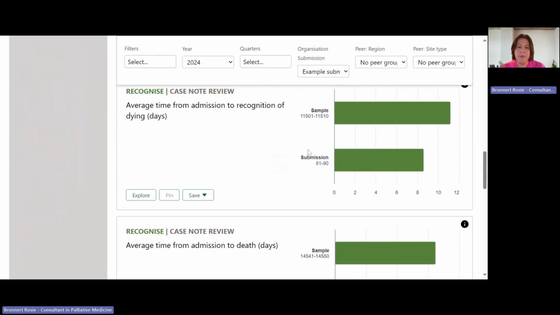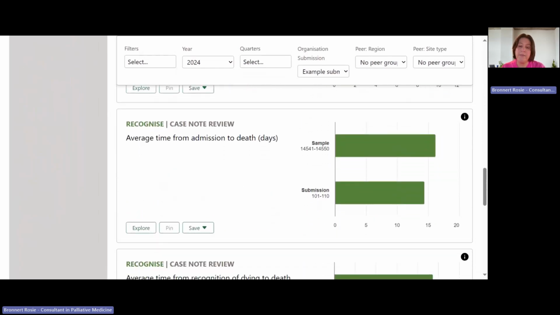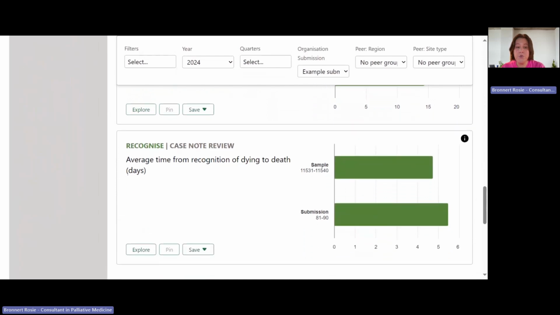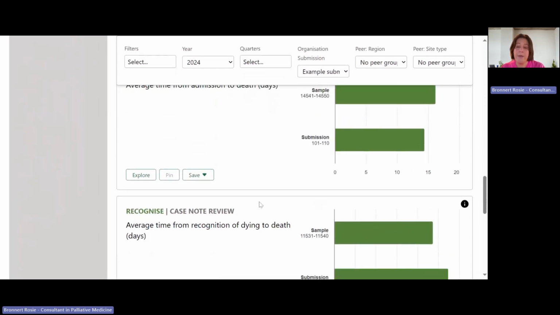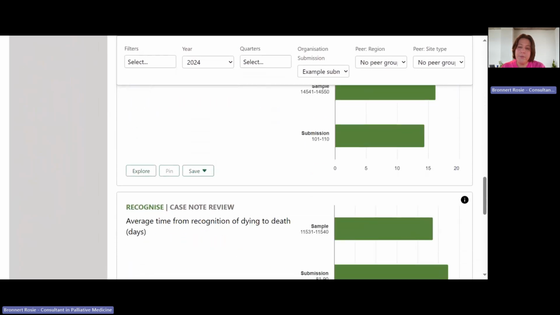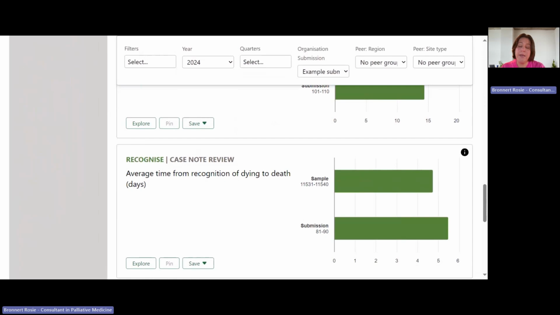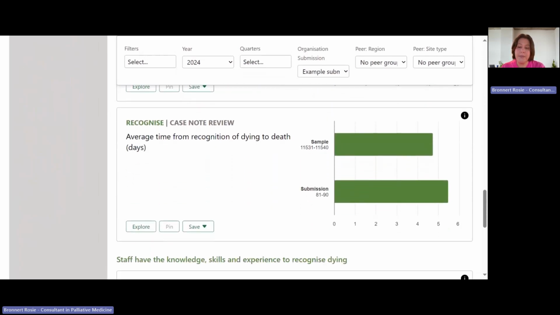this organisation had a shorter time between admission and recognising dying, which perhaps reflects that people were dying more quickly in their organisation. But interestingly, they have a slightly longer time between recognition of dying to death. And so it may be that this organisation, this example submission, recognises dying a little bit earlier than some other organisations.